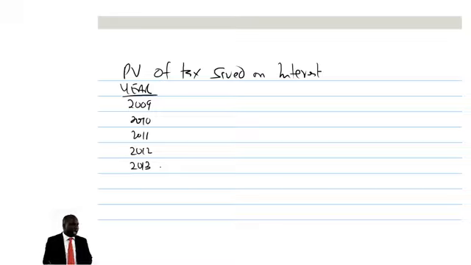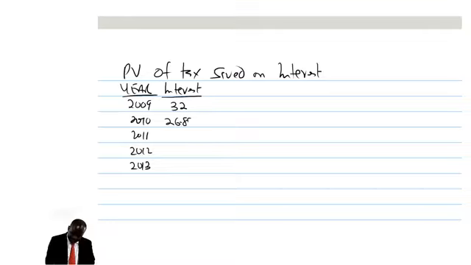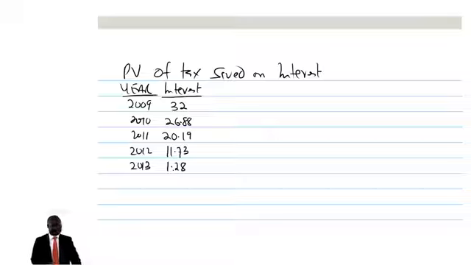That is when we have to pay interest. What are the interest values? According to the question, interest here is 32, 26.88, 20.19, 11.73, and 1.28. These are the interests.